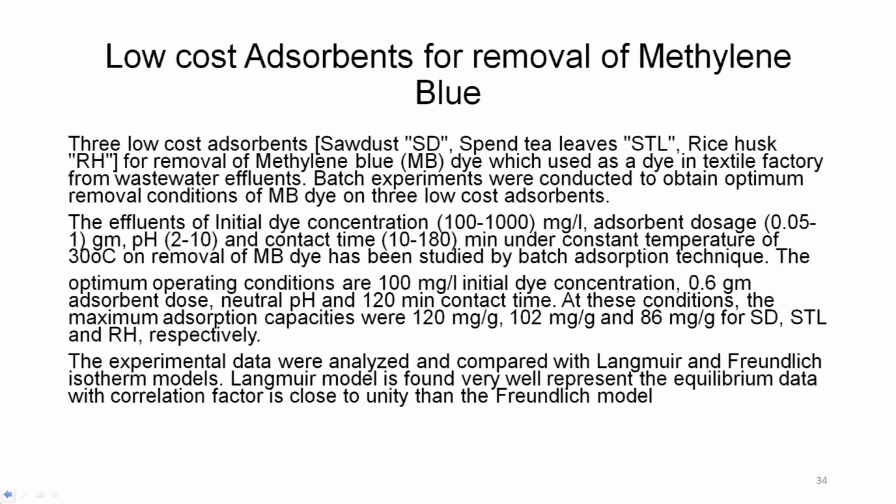Low cost adsorbents for removal of methylene blue. Sawdust has been used for methylene blue as a trial dye, which shows that the effluent initial concentration could be anything between 100 to 1000 milligram per litre, and for that, an adsorbent of 0.5 gram, a pH between 2 to 10 and contact time between 10 to 180 minutes could be some of the best parameters at 30 degrees to remove the methylene blue dye.